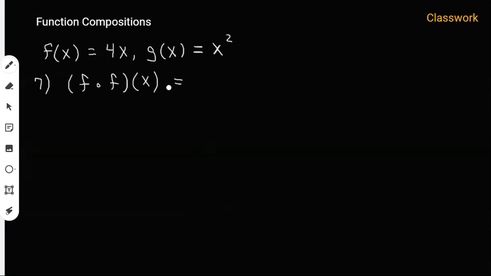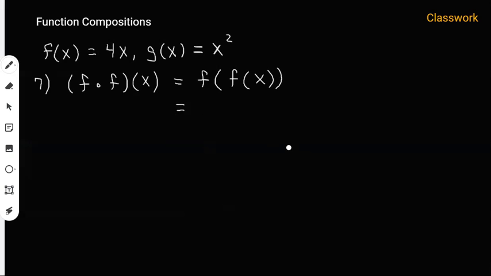So usually when we do compositions, the function on the left, I write down first, and then the function on the right side, I write down second on the inside. And then I'm going to close up my 2 sets of parentheses. So what I'm actually doing is taking the function f of x and putting it inside of f of x. So it's kind of like an iterated function.